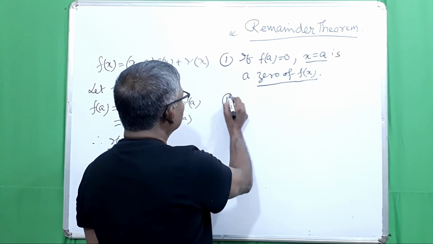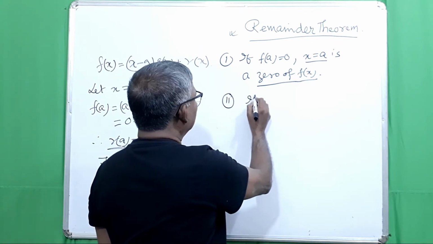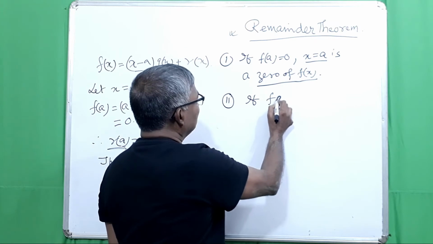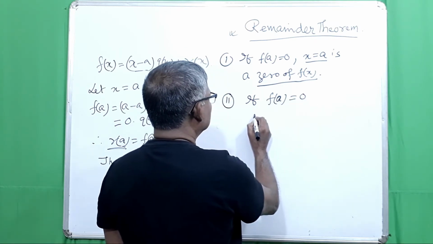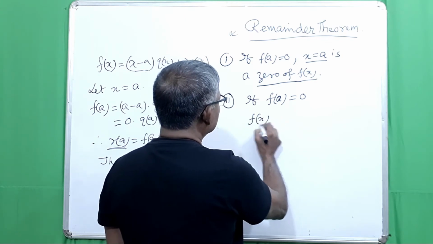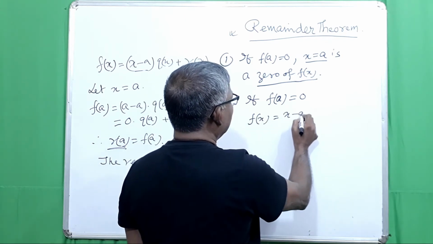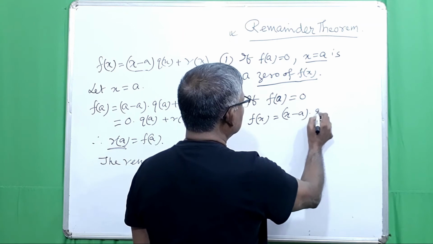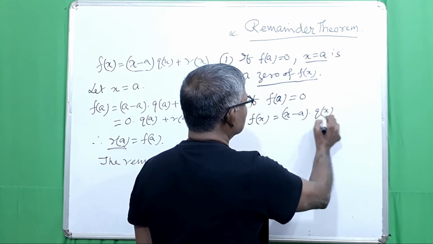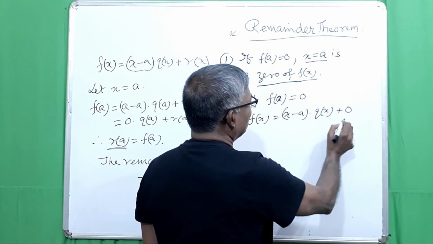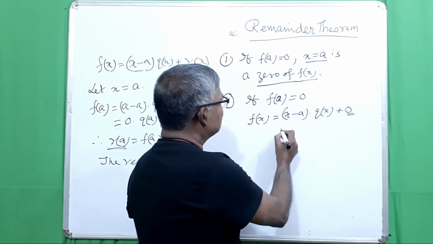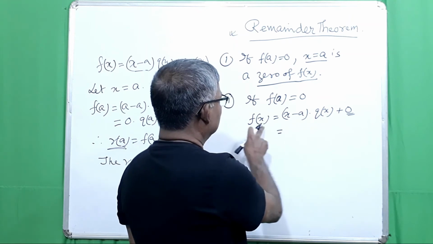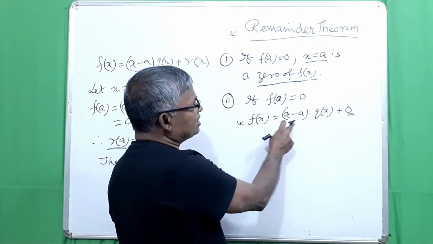Secondly, if f(a) equal to 0, so we can write f(x) equal to (x minus a) into q(x) plus 0, because r is 0, that is f(x) is divisible by x minus a.